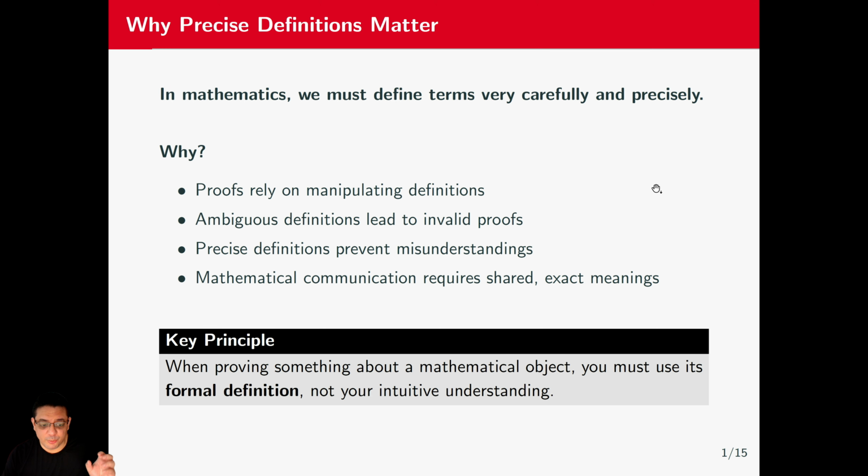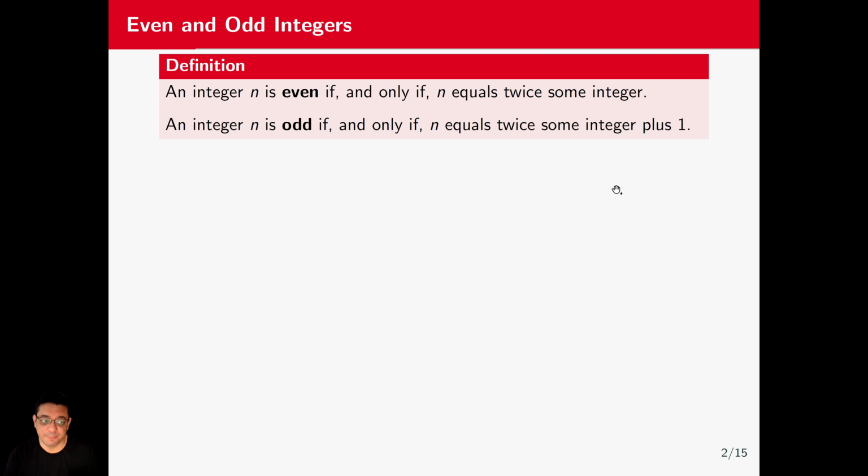The key principle when proving something is that you must use the formal definition and not your intuitive understanding, not examples.